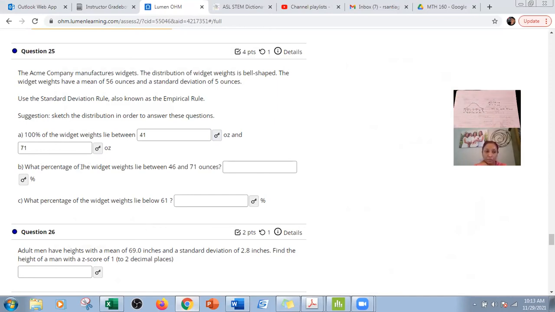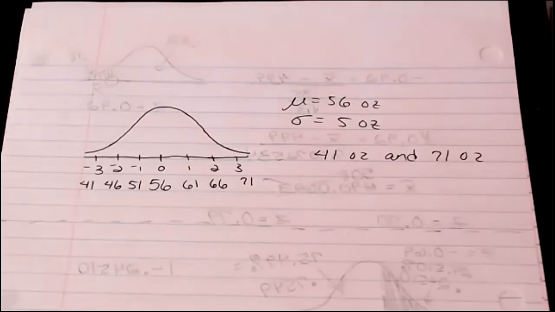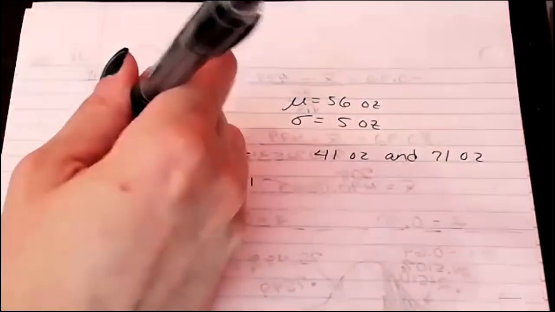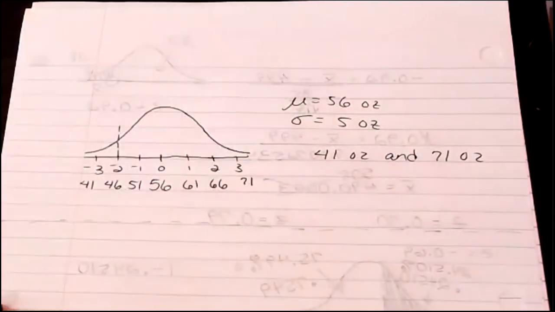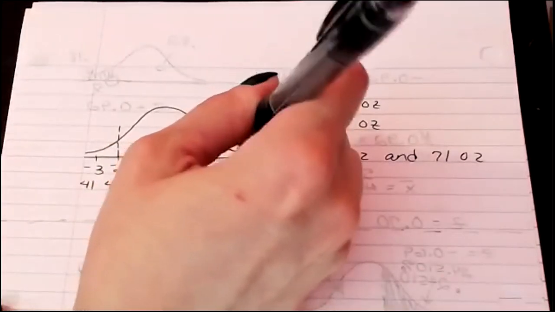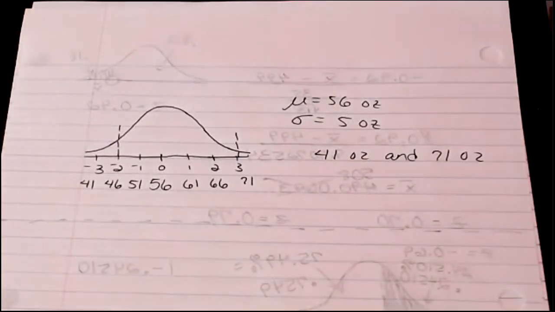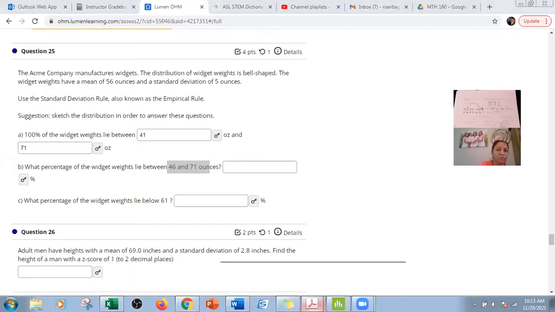Now it says, what percentage of the widgets lie between 46 and 71 ounces? So I'm going to look at my diagram. 46 and 71. So we want to go from a -2 to a +3. So we're going to go to our Unit 6 filled in notes.